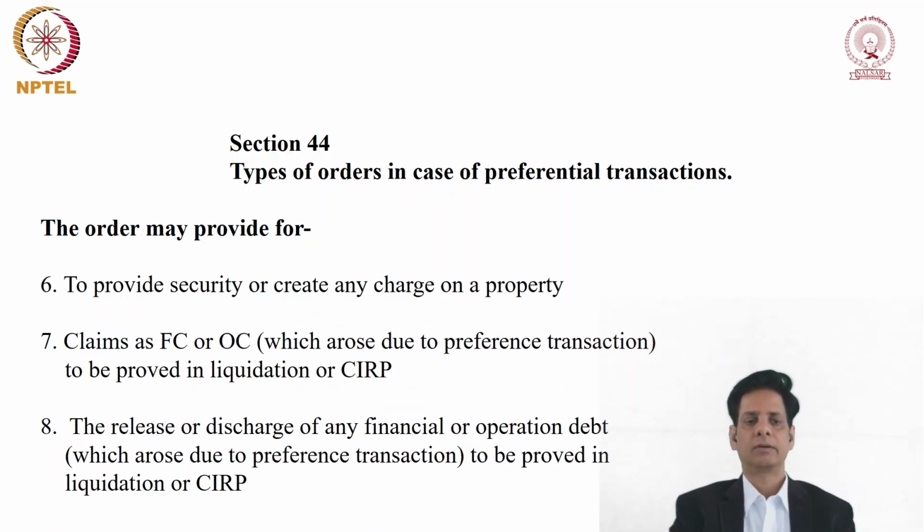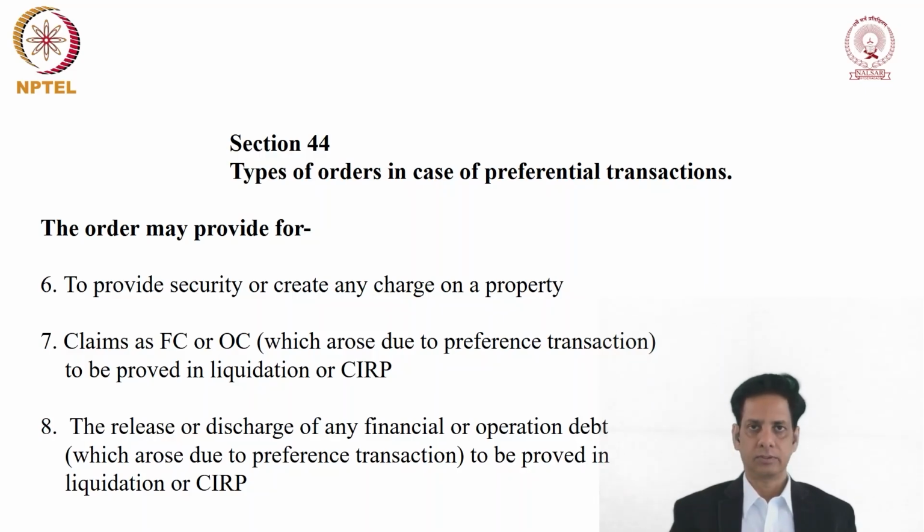Apart from that, it may also provide security or create any charge on a property which is to be coming to CD. Then 7th point is, claims as financial creditor or operational creditor to be proved in liquidation or CIRP.